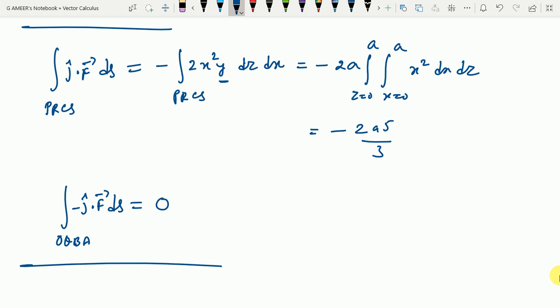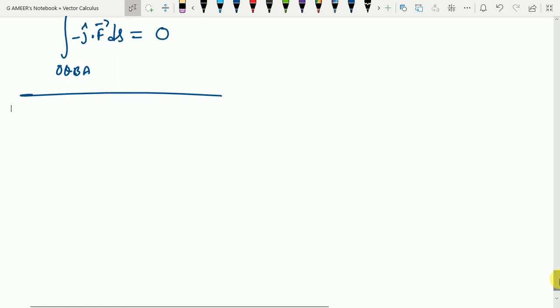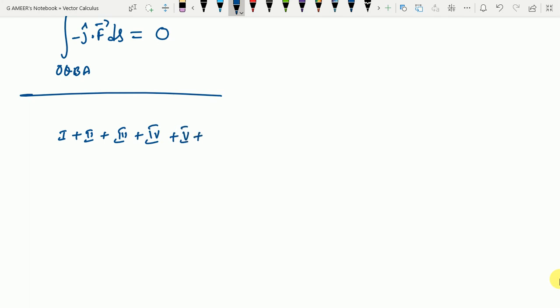Now you sum up all the integrations, you will get the answer. Six integrations will come: first, second, third, fourth, fifth, plus the sixth surface. The first one will be a power 5 minus a power 4 by 4.